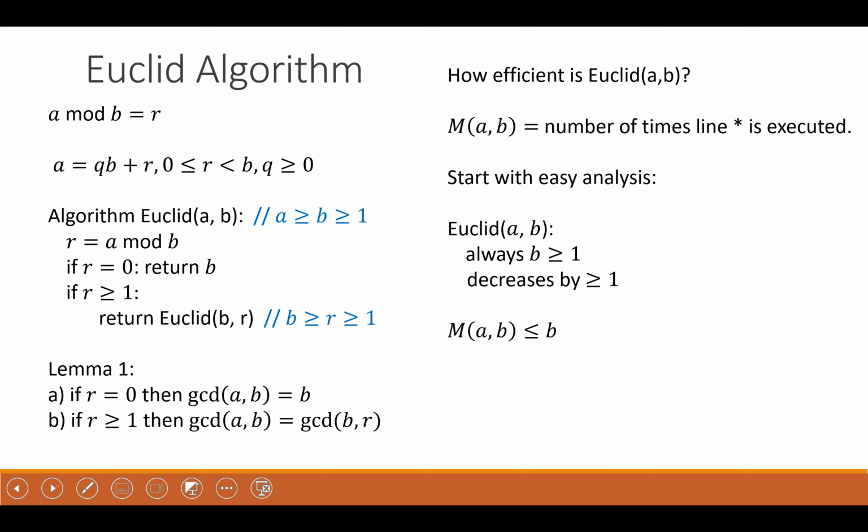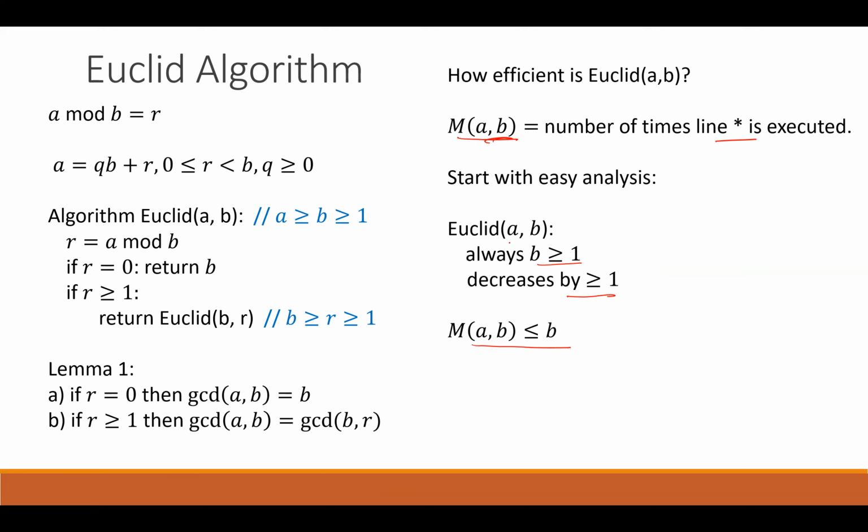So yeah, in the easiest case, we're going to do an easy analysis, then a harder analysis. So the easy analysis is that the number of times this line is executed is at most B. So my second argument here, I cannot make more recursive calls than B because, well, B is always at least 1 and B always decreases by at least 1.